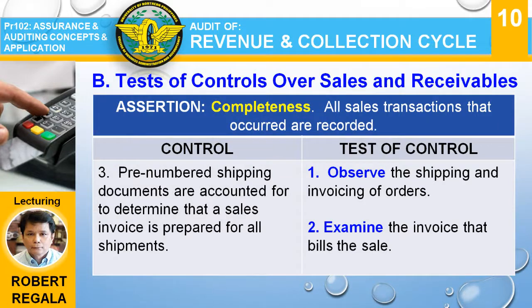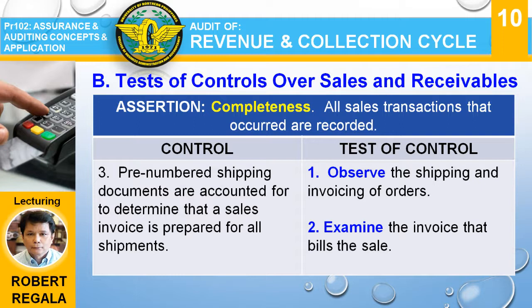Slide 10. General assertion, completeness. Specific assertion, all sales transactions that occurred are recorded. The controls in this and the next two slides will cover for the assertions mentioned. The third control is described as pre-numbered shipping documents are accounted for to determine that a sales invoice is prepared for all shipments.